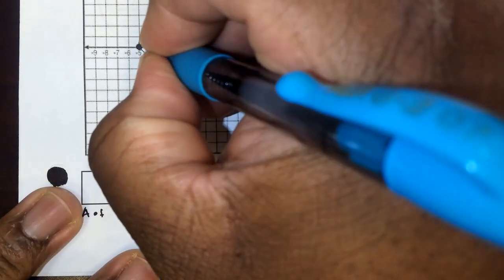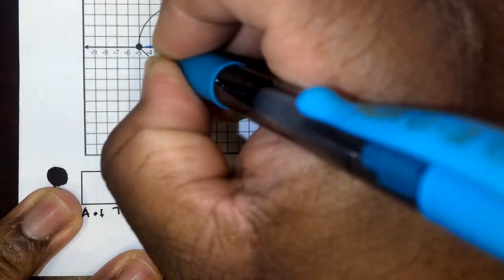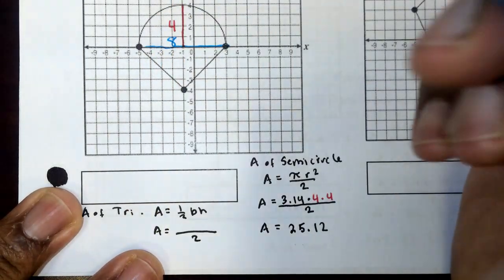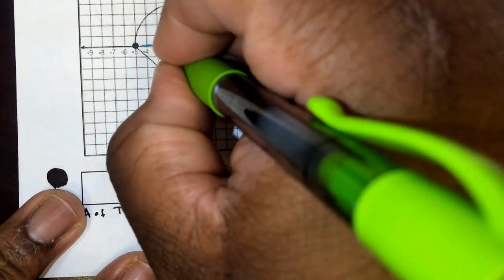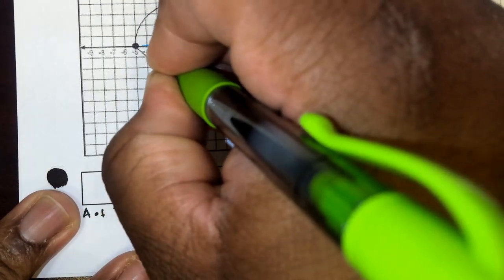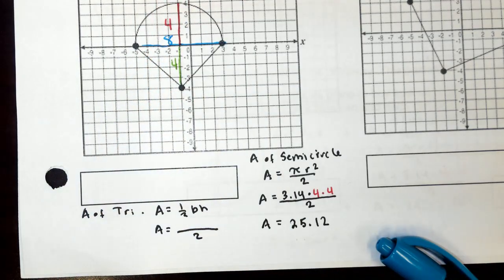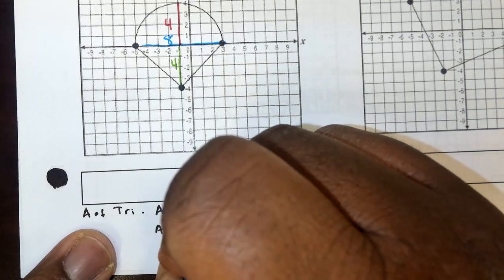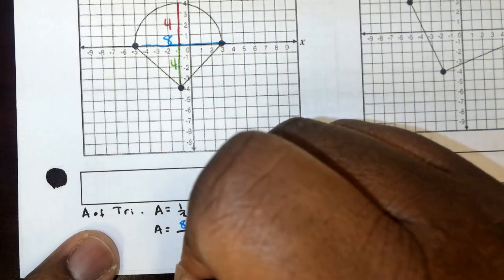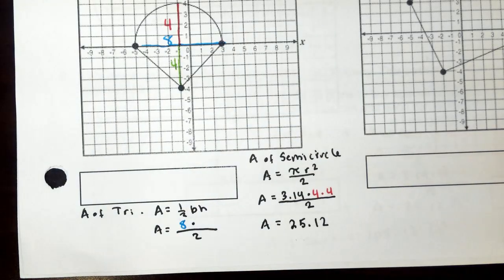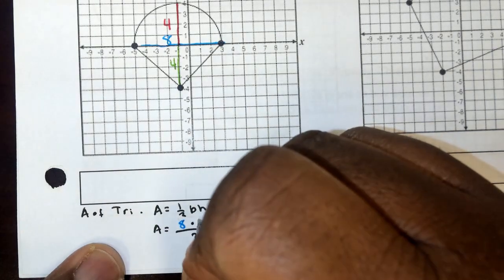Yeah, your base is going to be 8. And then the height of your triangle would be 4. That's the reason I'm going to show you this problem. I'm going to give you one like this on your test too, but I want you to understand everything can be counted. We did this and we didn't do any Pythagorean or anything. All this on the graph straight. It can be counted.